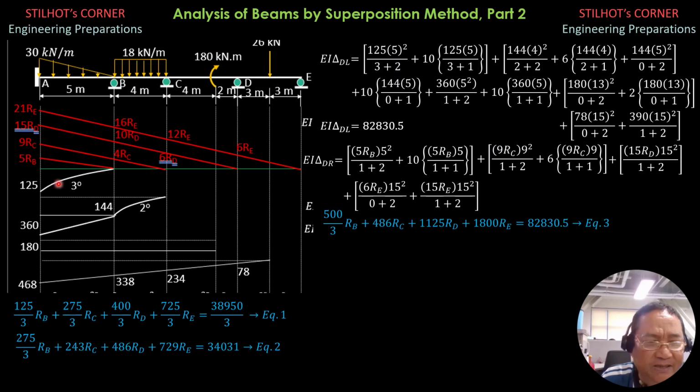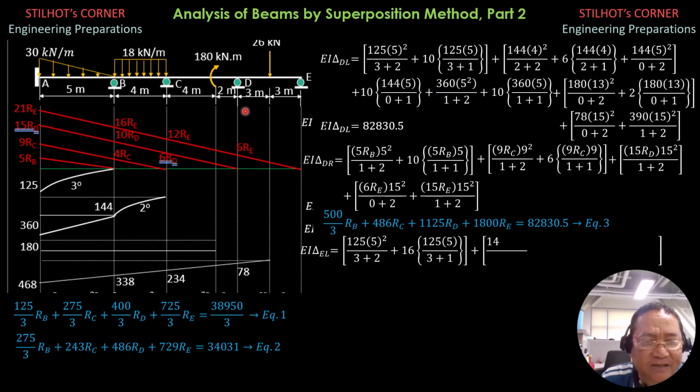So beginning with this, deflection is 125, 5 square over third degree plus 2, plus slope 4 plus 4 plus 2 plus 3 plus 3, that's 16. So 16, moment 125, length 5 over third degree plus 1.